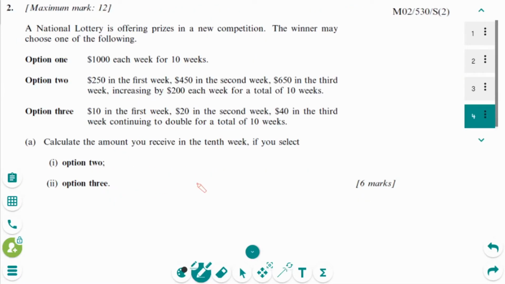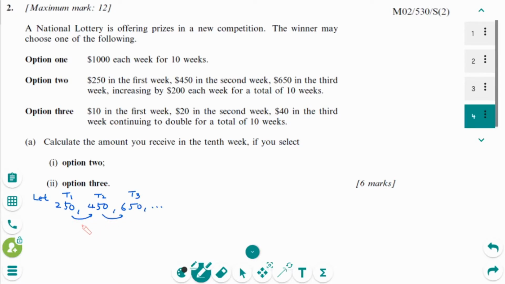This is the May 2002 essay paper 2 studies question. Number 2A1, option 2. The first term is 250, then 450, 650. Let this be T1, T2, T3.